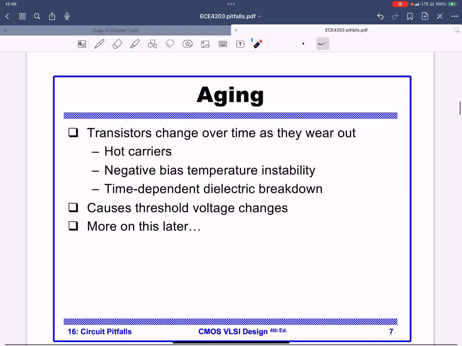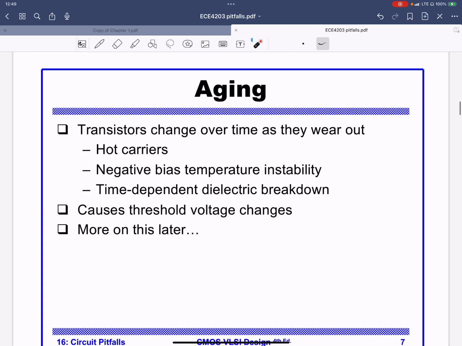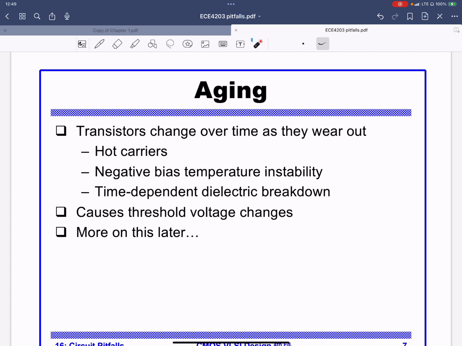On top of that, there's stuff that ages, whether it's mechanical, electrical, etc., but things wear out over time. And there are various things that happen. So, for example, there are things called hot carriers.